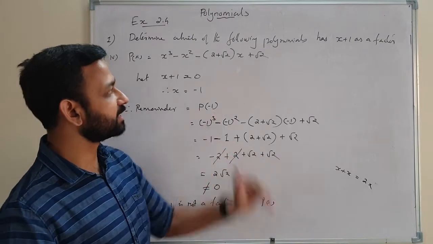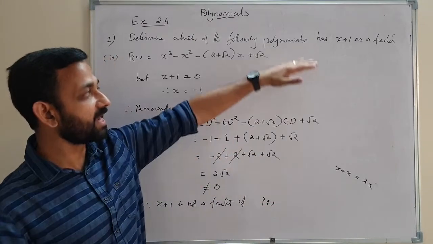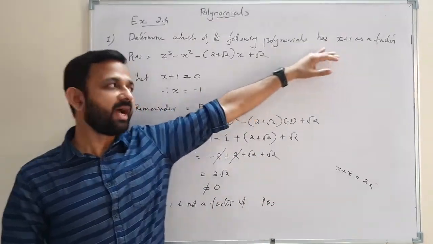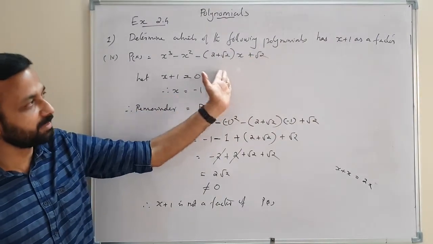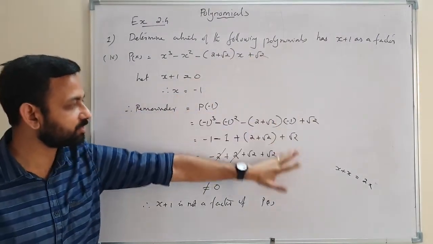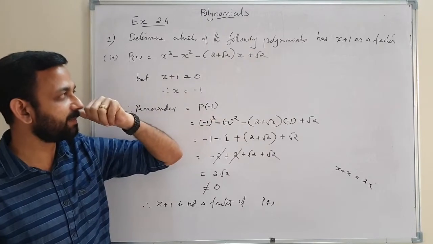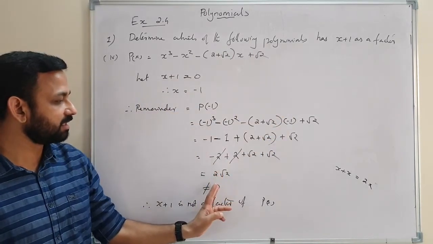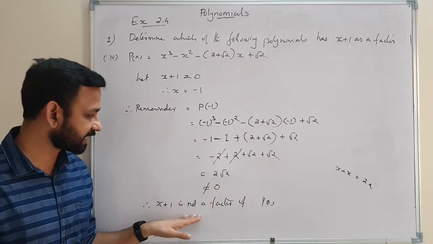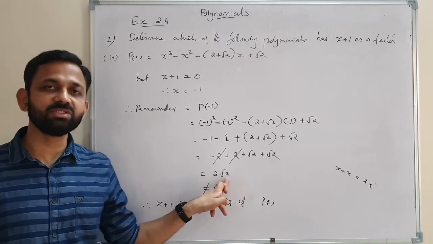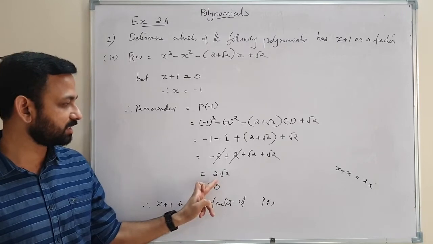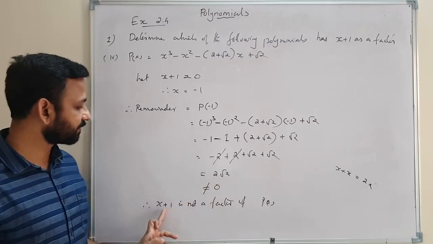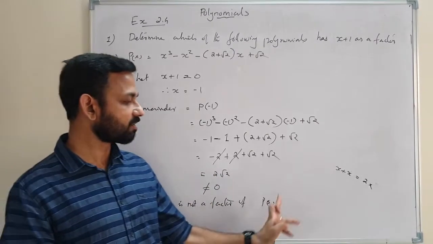We need to find the remainder first, by using the remainder theorem; in the previous video I explained how to find the remainder by using it. If that remainder equals 0, it is a factor. If the remainder is not equal to 0, it is not a factor. In this question, the remainder is not equal to 0, therefore x plus 1 is not a factor of p of x.